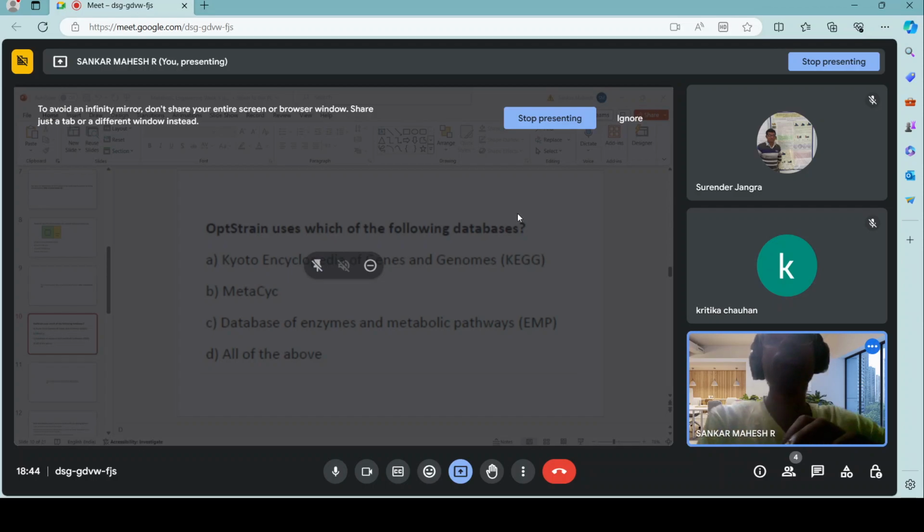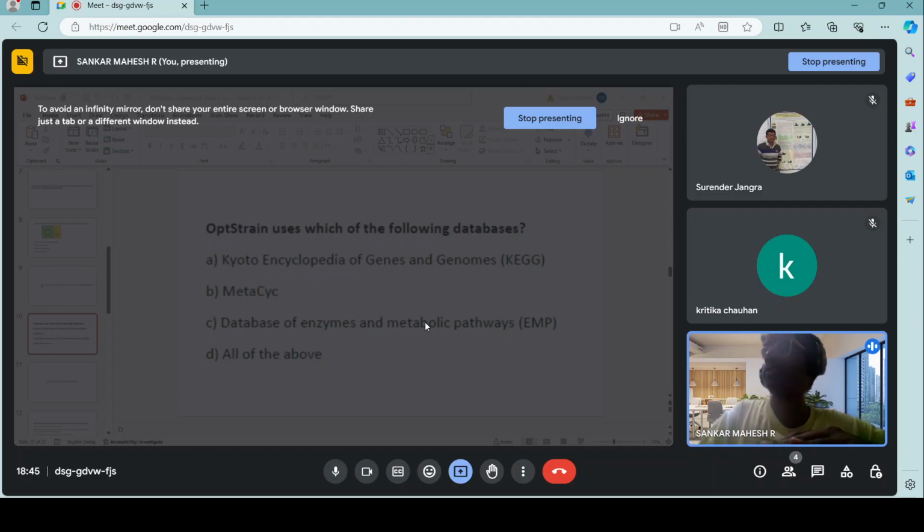That means we need information about genes, genomes, enzymes and the metabolic pathways. So the right answer here is that Opstrain uses all the above.